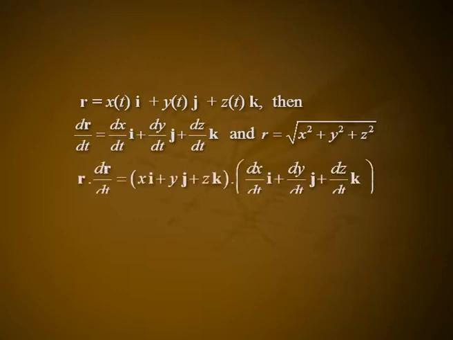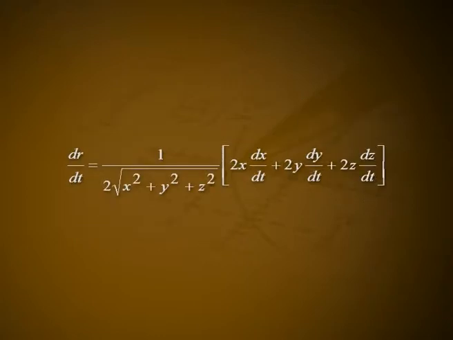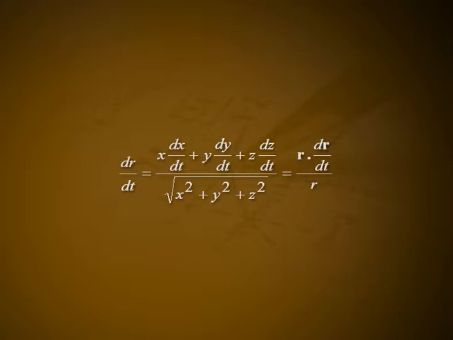Vector r dot dr/dt is equal to (xi plus yj plus zk) dot (dx/dt i plus dy/dt j plus dz/dt k), which is equal to x dx/dt plus y dy/dt plus z dz/dt. Also, dr/dt is equal to 1 by 2 square root of x squared plus y squared plus z squared, into 2x dx/dt plus 2y dy/dt plus 2z dz/dt, or dr/dt is equal to x dx/dt plus y dy/dt plus z dz/dt divided by the square root of x squared plus y squared plus z squared, which is equal to r dot dr/dt divided by r.